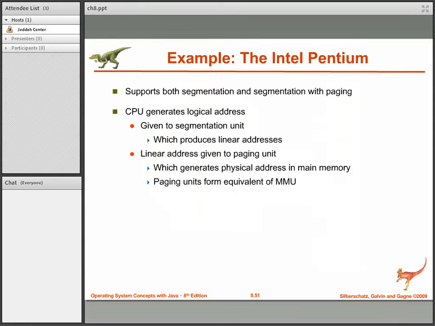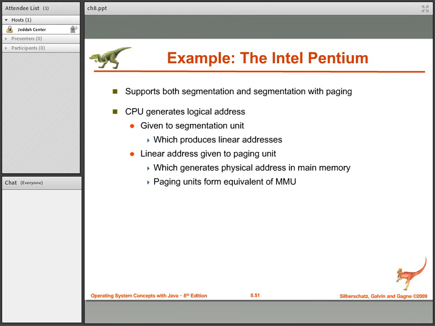Now we take a brief look at the Intel Pentium. The Intel Pentium supports both segmentation and segmentation with paging. The CPU generates the logical address. This is given to a segmentation unit that produces linear addresses, linear in terms of a sequence of bits, as we saw earlier.